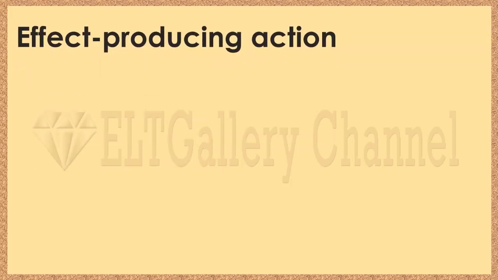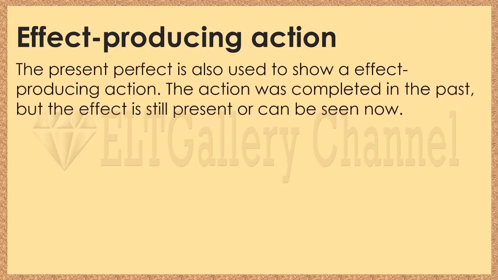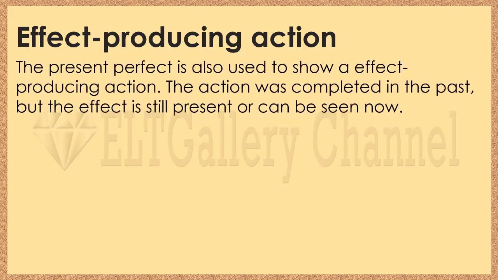Now we have the effect producing action. The present perfect is also used to show an effect producing action. The action was completed in the past, but the effect is still present or can be seen now.